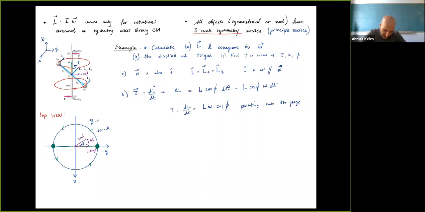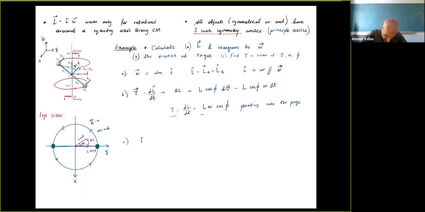Now C, find torque in terms of I, omega, and phi. Let's do this. I already calculated torque, so I need to calculate L, and since we are trying to find it in terms of I, I need to calculate I. Maybe I can first start with I because it's easier.